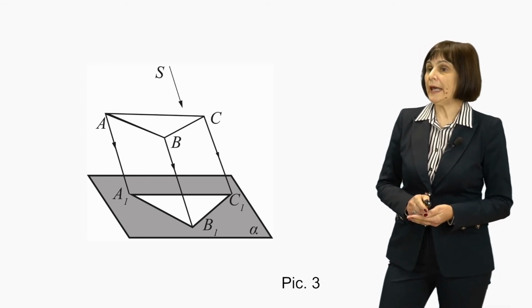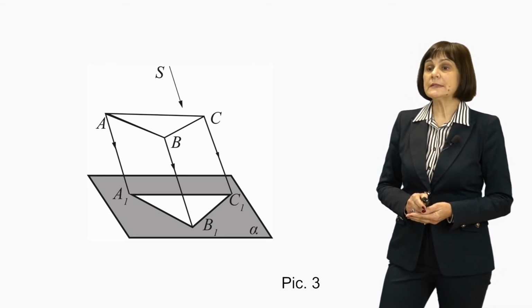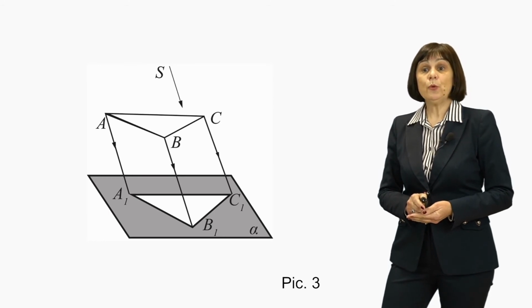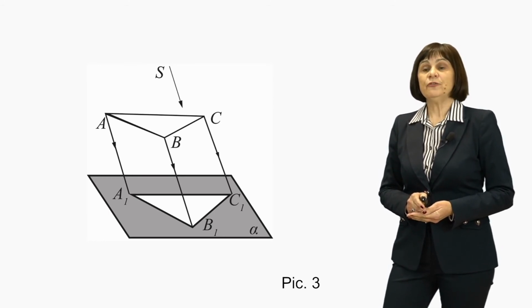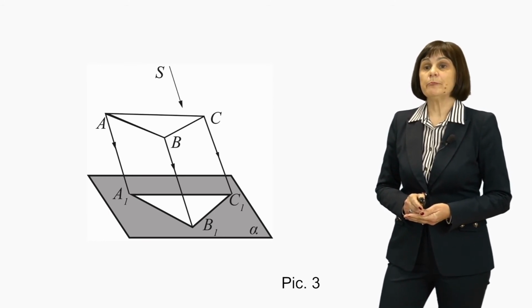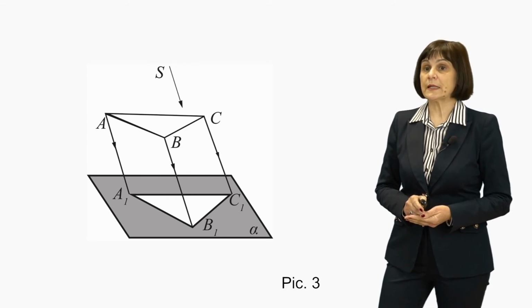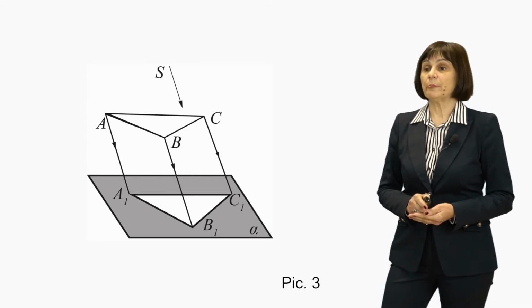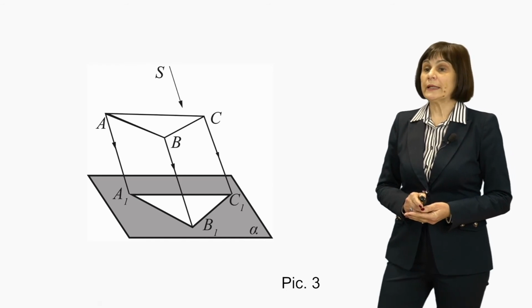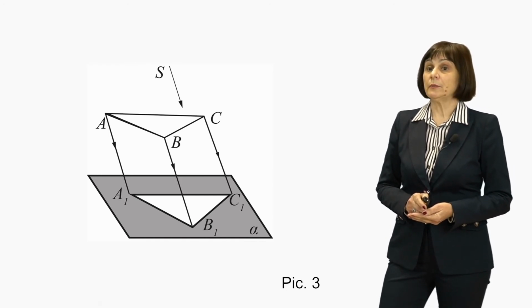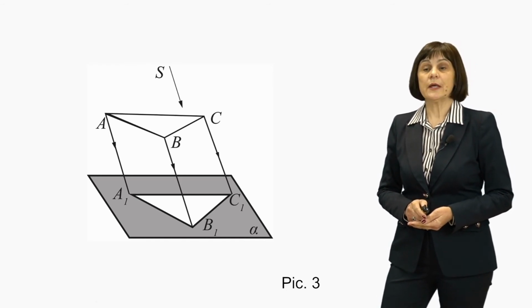On the plane A, we get point A1, and if we construct the same parallel lines through points B and C on the plane, we will get points A1, B1, C1.